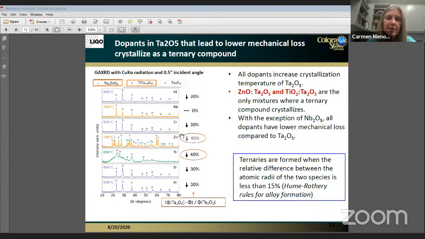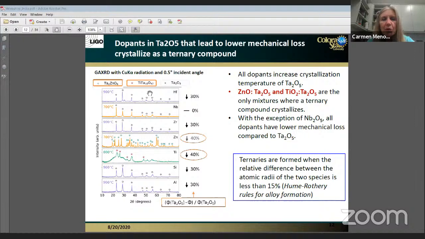And what we learned is that in both cases, and unlike what is observed with the other dopants, we actually form a new phase when we anneal the materials. And so this is unique to these two systems. On all the other systems, when the material crystallizes, we will see that one of the phases will crystallize.